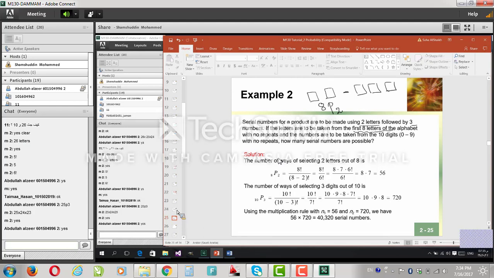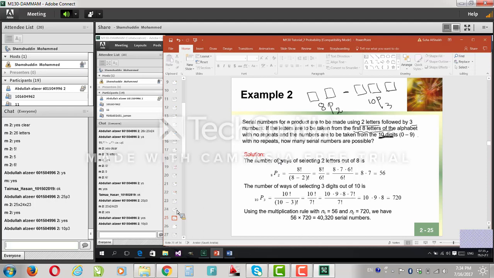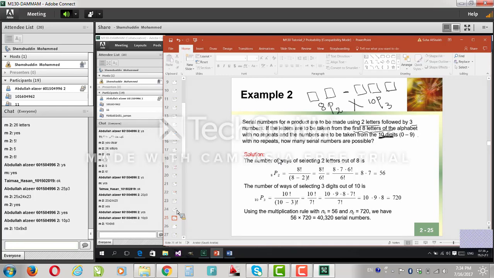And then the numbers are to be taken from the 10 digits, from 0 to 9, so I have 10 digits, using 3 of them. That's correct. One happens after the other, so we do the multiplication rule in between. So you find 8P2 times 10P3. 10 times 9 times 8 is 720 for the digits, and for the letters 8 times 7, which is 56.